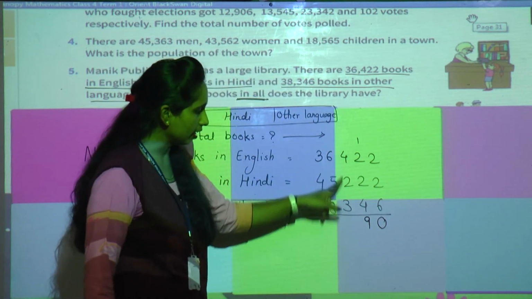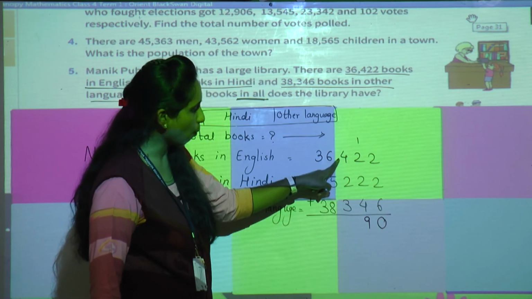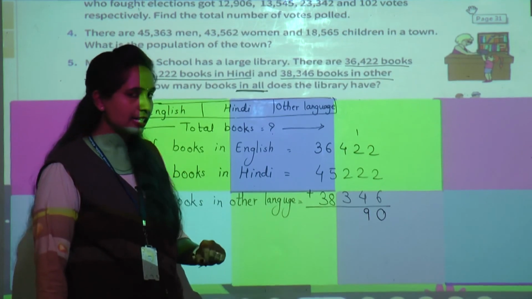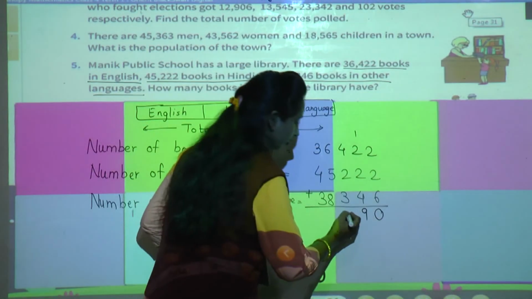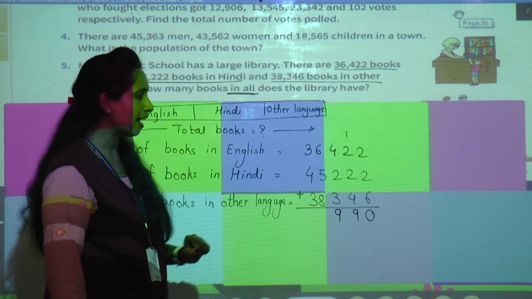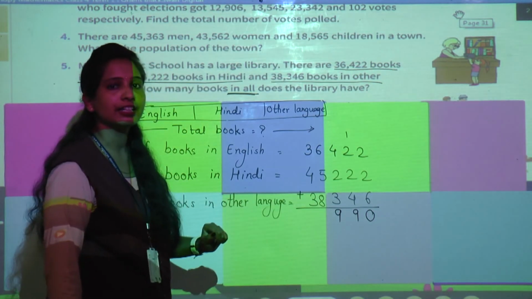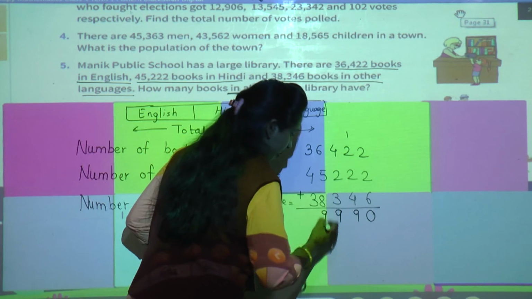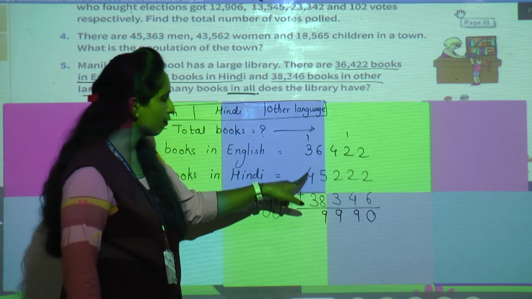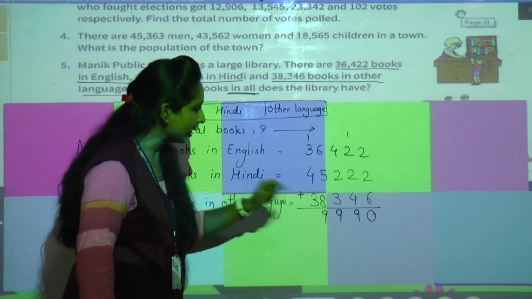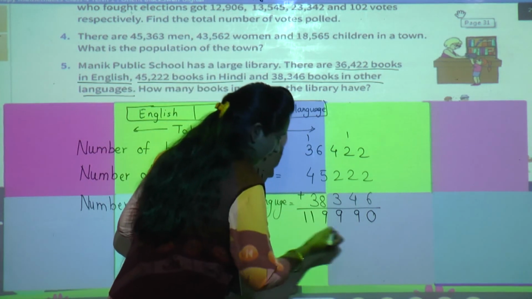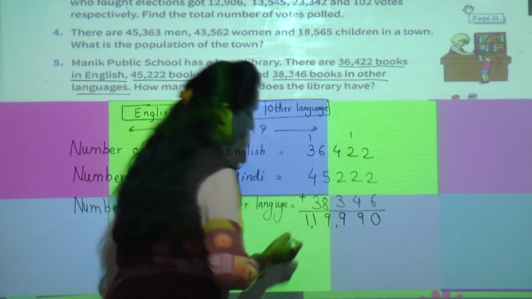Now we will add the 100's place. 4 plus 2 is 6, 6 plus 3 is 9. Now 6 plus 5 is 11, 11 plus 8 is 19. So write here 9 and 1 we will carry. 1 plus 3 is 4, 4 plus 4 is 8, 8 plus 3 is 11. So give a comma after 3 digits, then after 2 digits.